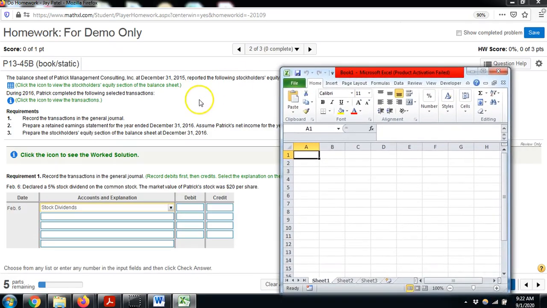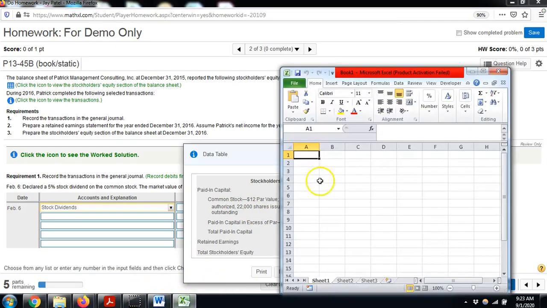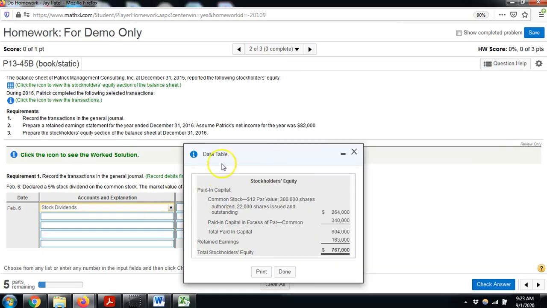So there's 22,000 shares issued and outstanding. So we have 22,000. It's 5%. So we're going to be having 1,100 shares as a stock dividend, and they're each worth $20. So it's $22,000.